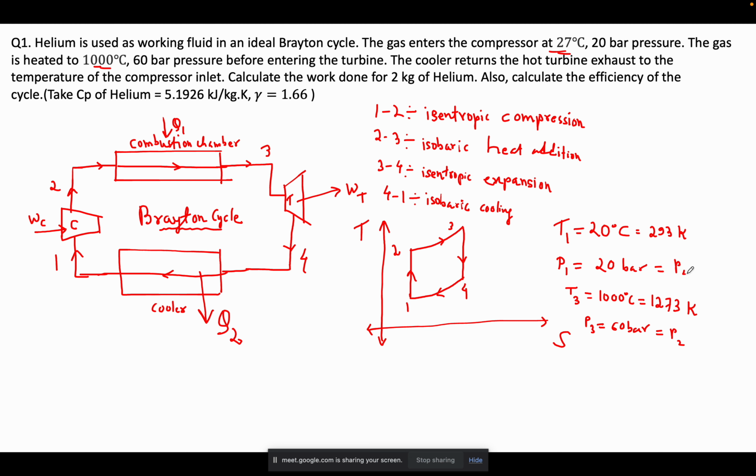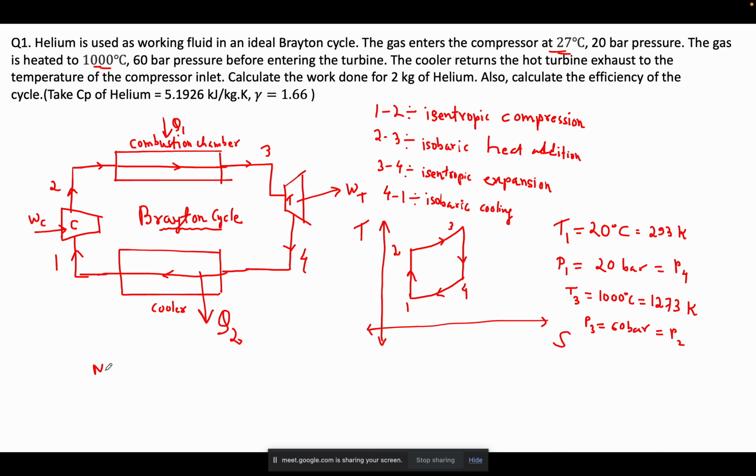The gas exhausts to the temperature of the compressor inlet. Then you have to calculate the work done, the net work done for 2 kg.